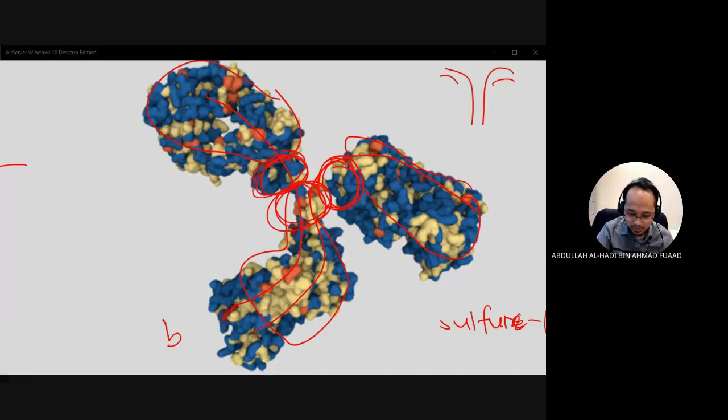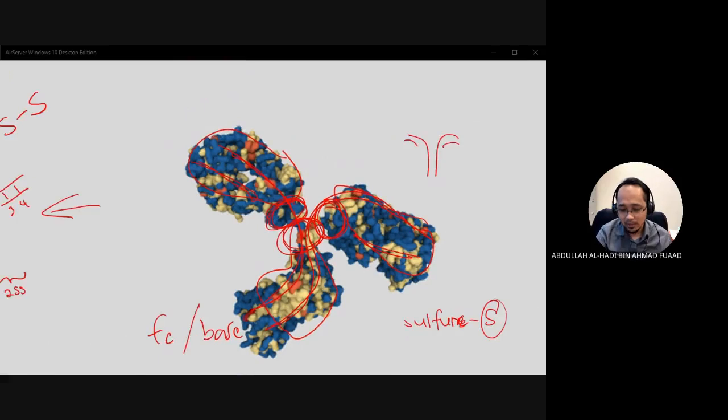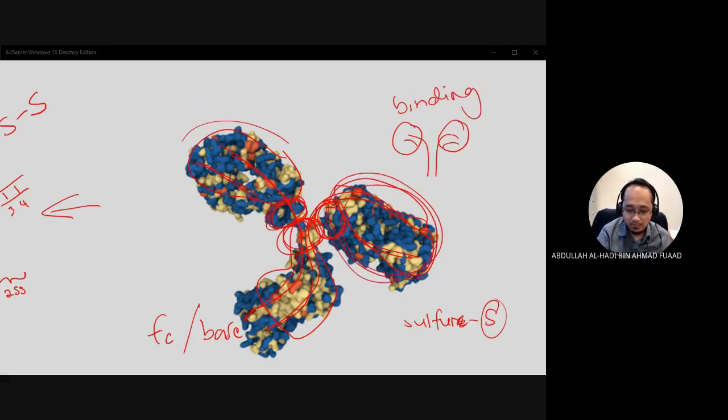This is the base, or the Fc region, going up, one to the left-hand side, another to the right-hand side, and then you have your light chain over here. If you have that, then you should be able to identify that this region is the binding region of the antibody, and therefore this region and that region are the binding sites.